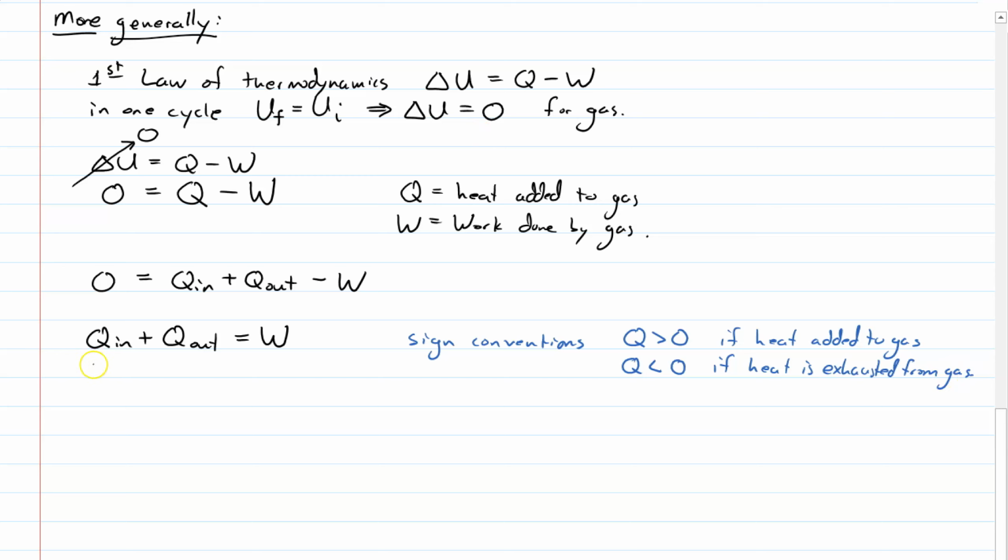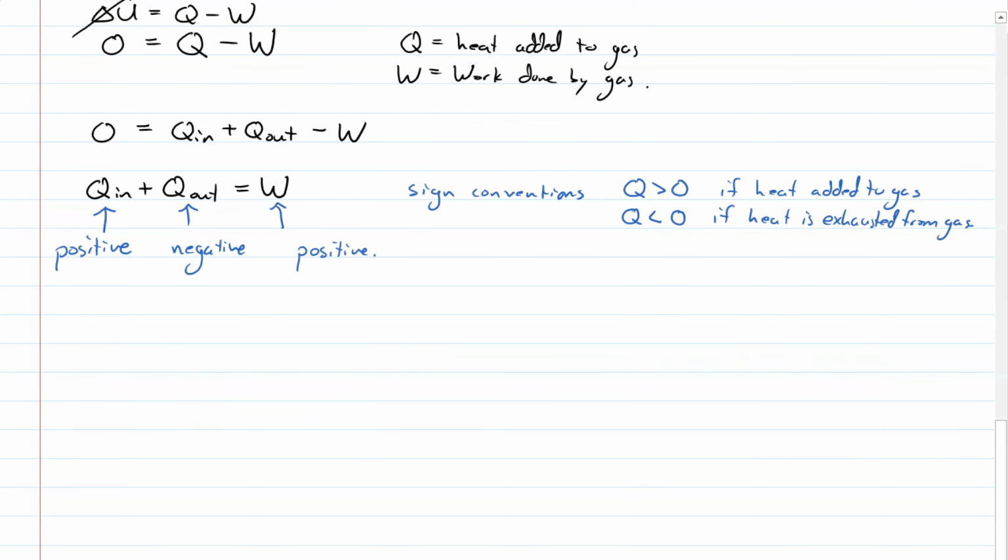So Q in will be a positive number. This is positive. Q out will be negative. And hopefully W will be positive, because otherwise your engine is not worth anything if it doesn't have any positive work being done. Okay. So this is just an expression of conservation of energy here from the first law of thermodynamics.